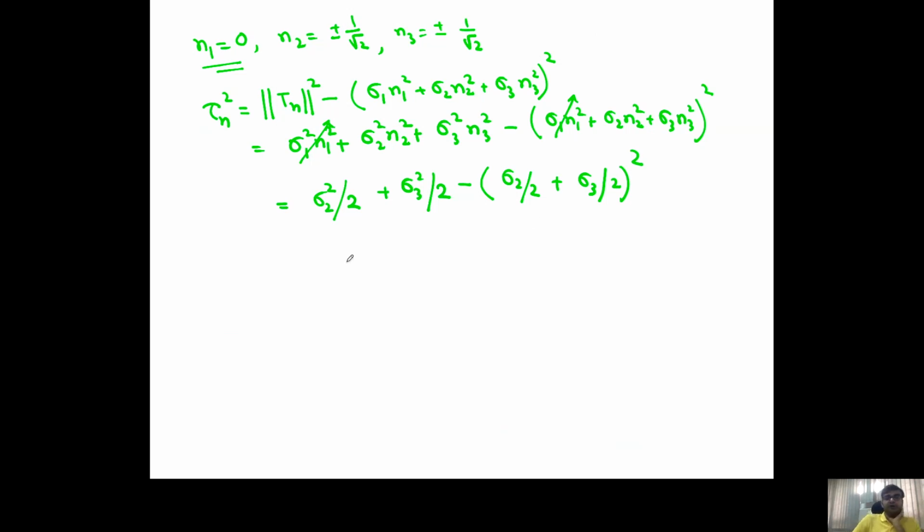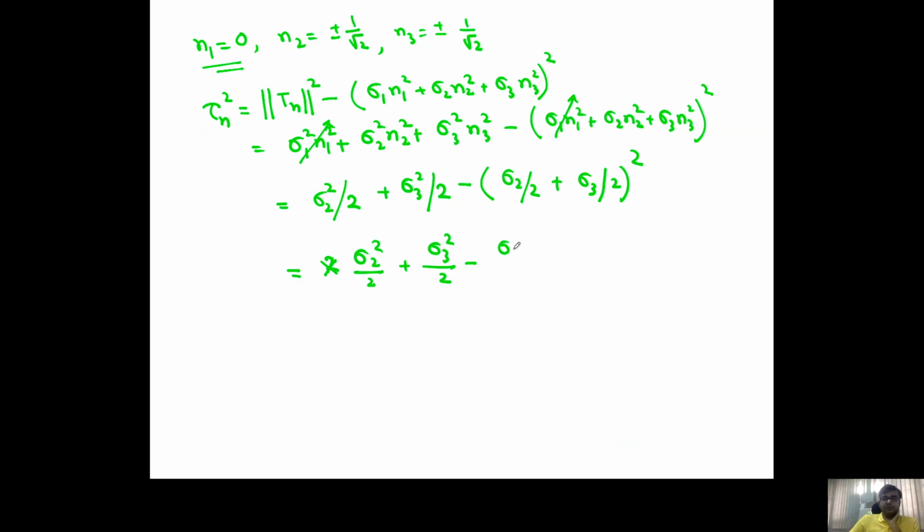Now, how can we write it? It is a square plus b square. So you can actually simplify it as, let us do it: sigma 2 square by 2 plus sigma 3 square by 2 minus, we have the square now, right?